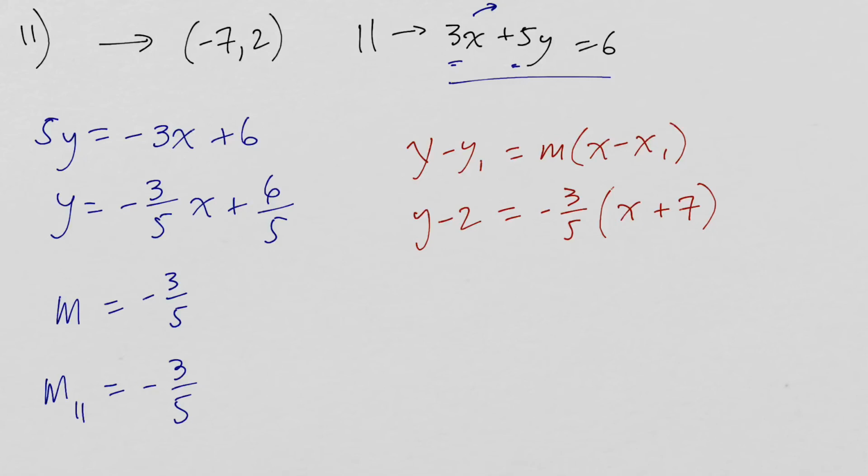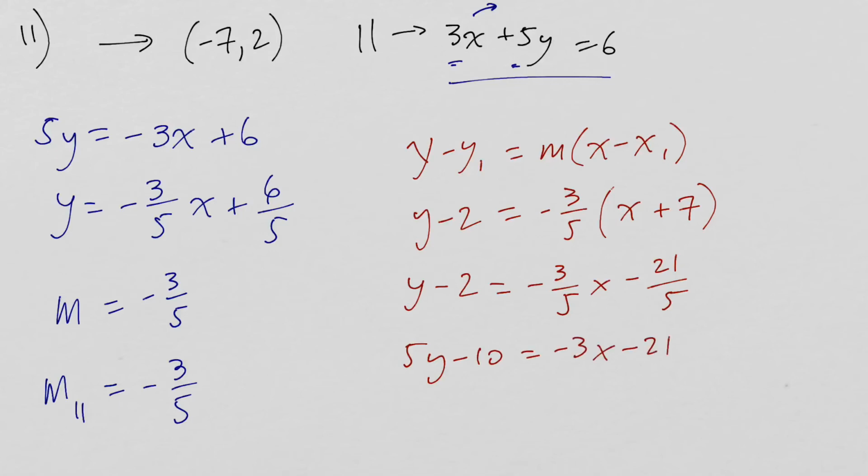If I want this in standard form, let's distribute that negative 3/5. So I have y minus 2 is equal to negative 3/5 x minus 21/5. I'm going to clear my fractions by multiplying by 5. So 5y minus 10 is equal to negative 3x minus 21.